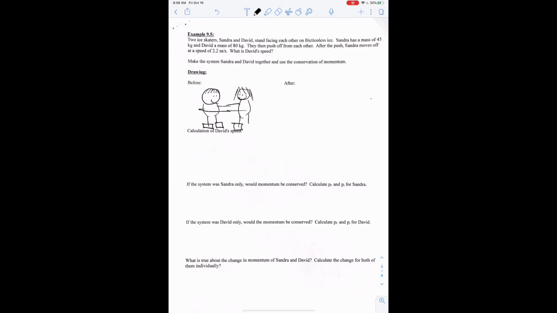They're on ice skates, and it's not a very good drawing, but oh well.